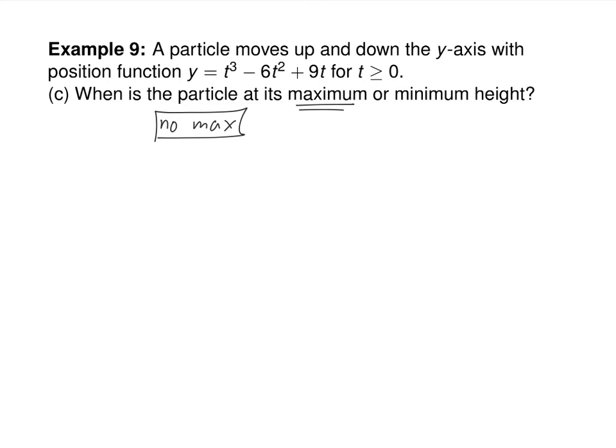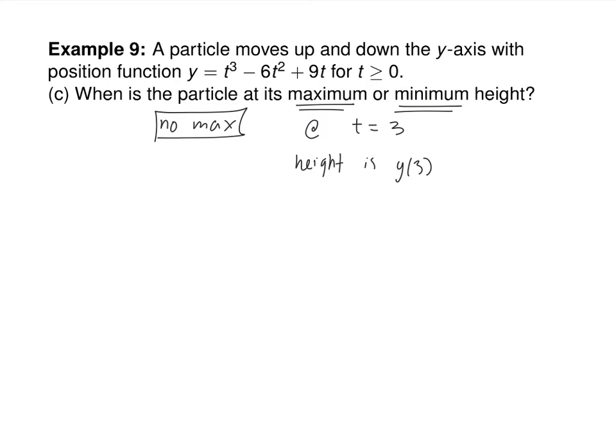Would you want us to put the local max? The question asks for just the maximum; when it says what is its maximum height, there just isn't one. If you put the local, I don't think I'll dock you. And then the minimum height, when does this occur? At t equals 3, and the height is y of 3.